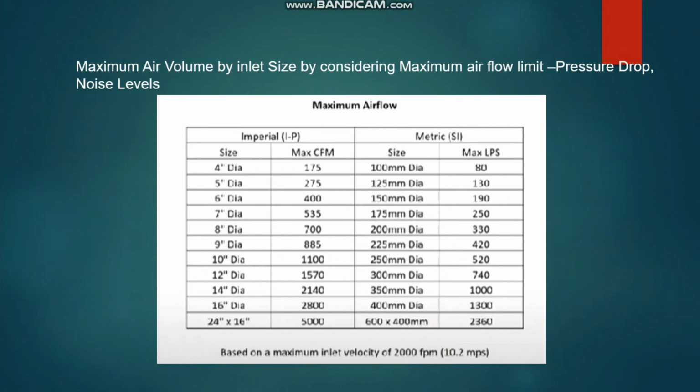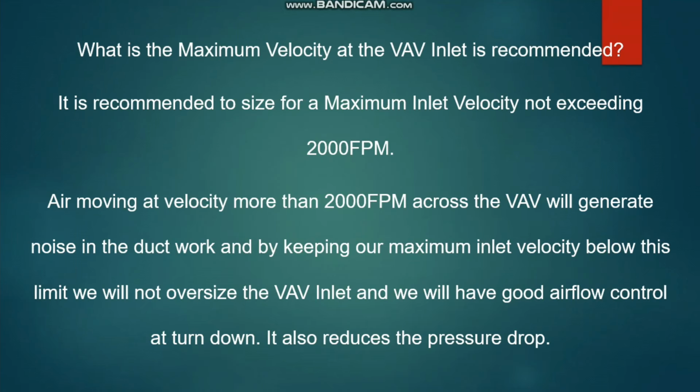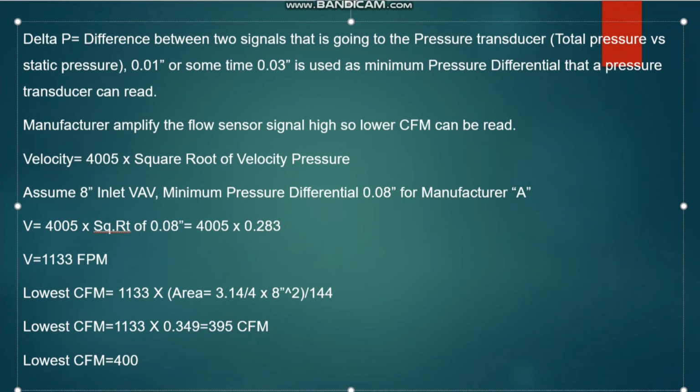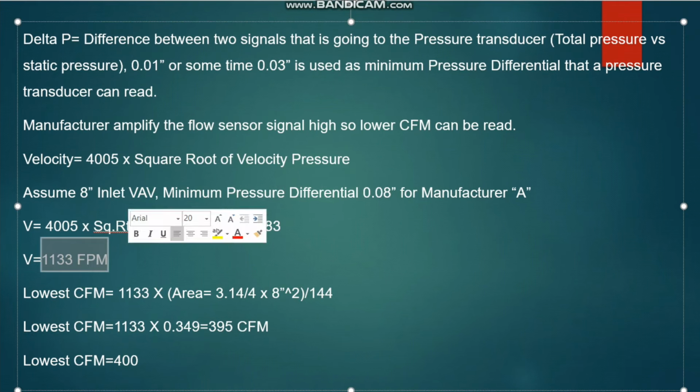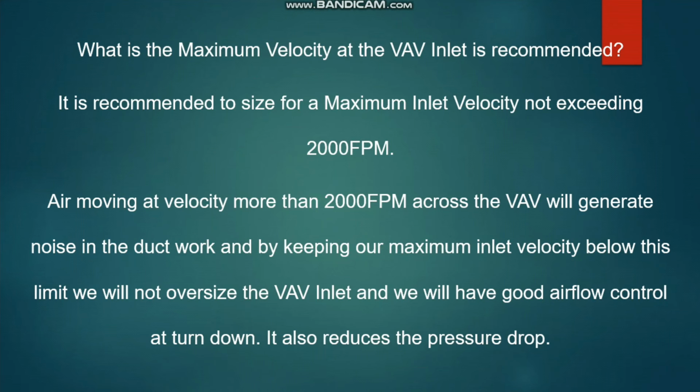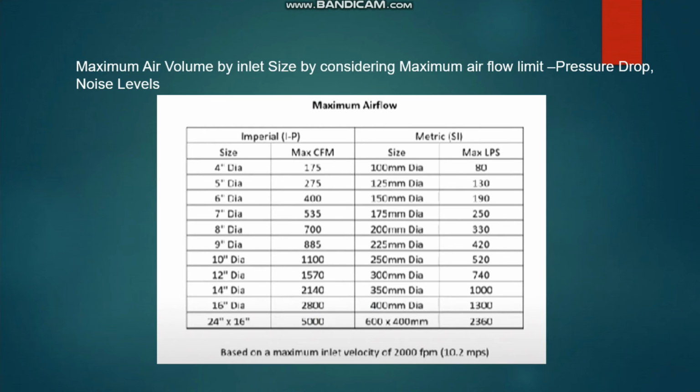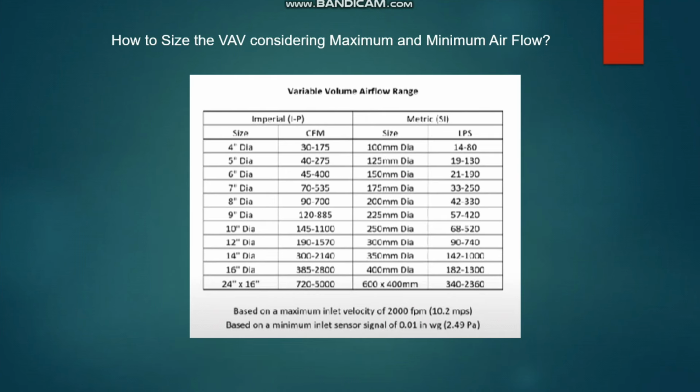If you need to know how I got this answer, we just discussed the formula: velocity is equal to 4005 times the square root of velocity pressure. So we can use the pressure differential to get the velocity, and if you follow the maximum velocity of 2000 feet per minute, you get the VAV maximum CFM with this limit. First we found the minimum flow and now we found the maximum flow. I combined both, and now we can find the answer for our question.